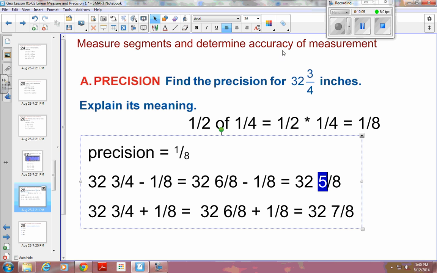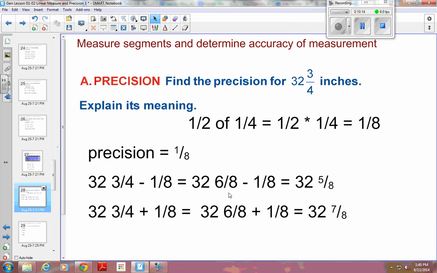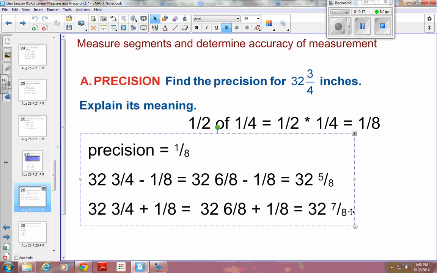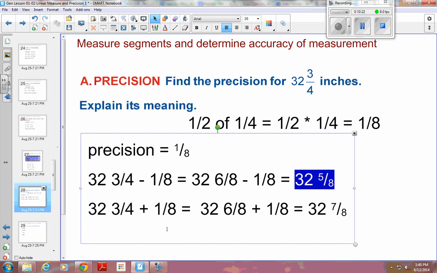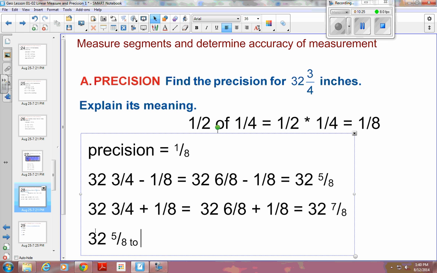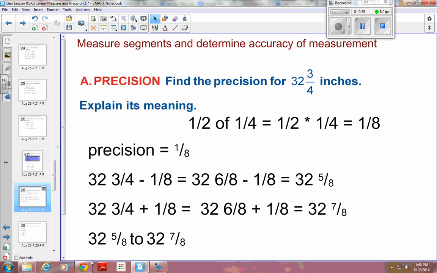And again, if you need to clean that up so it looks more like a fraction, so my measurements could be anywhere from 32 and 5/8 to 32 and 7/8. And those would be my allowable amounts. So here's my precision. This is all explaining the meaning of it.